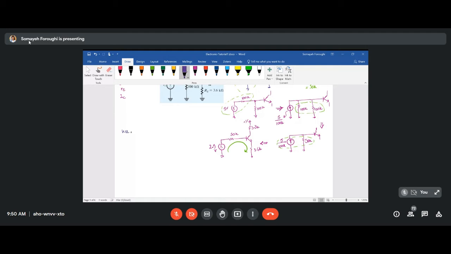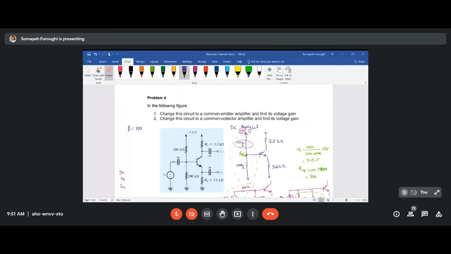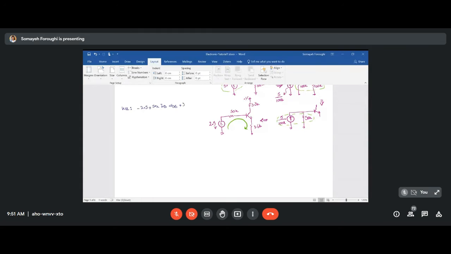This is my KVL in this loop, so I will have negative 2.5 plus 50K I base plus a base emitter voltage plus 3.6K IE equals 0. Remember, when beta is a great number, we know that usually IC is approximately equal to IE. So remember this, and if you find IE, it's like you have found IC.